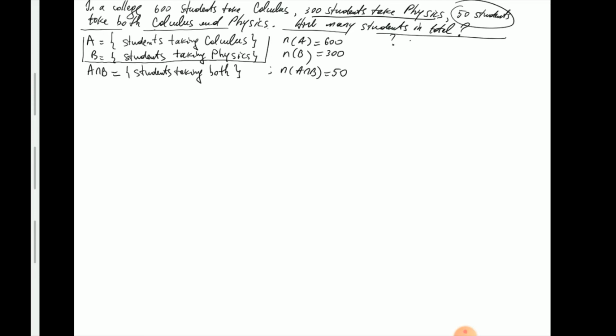How many students in total? That's another way of saying what is the number of elements in the union, right? Students in total, you take all the students taking either calculus or physics, taking each only once. You don't duplicate the students in a set. This is simply asking what's the number of elements in the union. So of course, the same counting formula works, except now I don't know the left side, but I know the right hand side. 600 plus 300 minus 50.